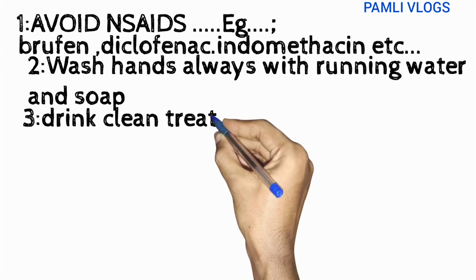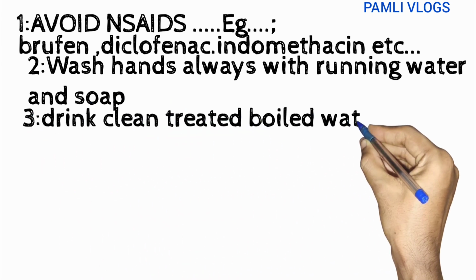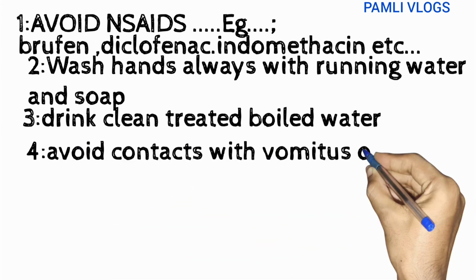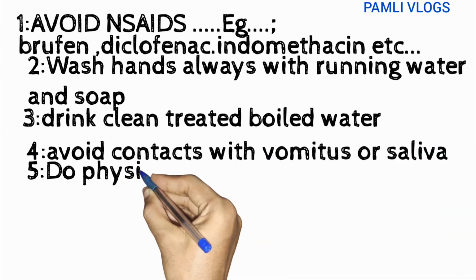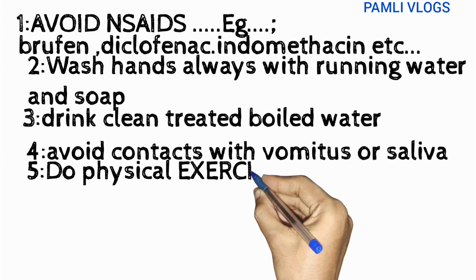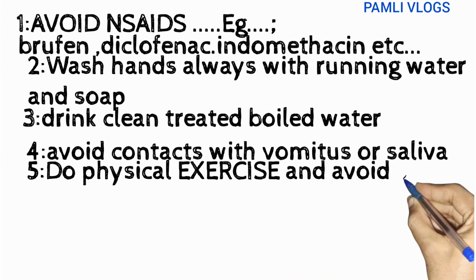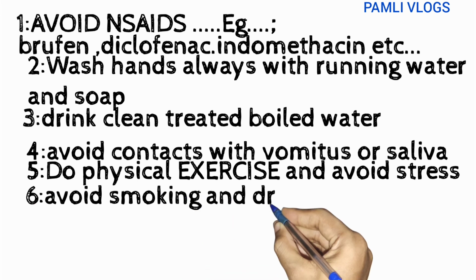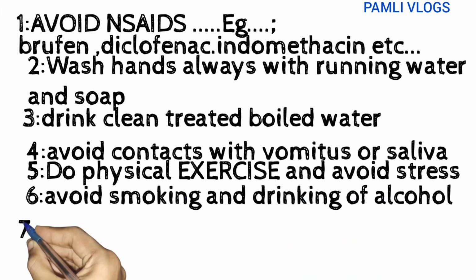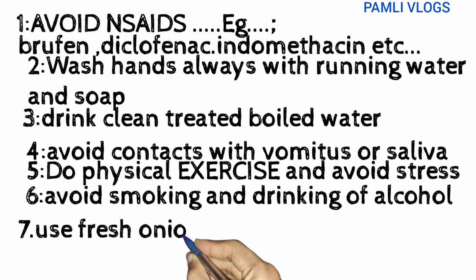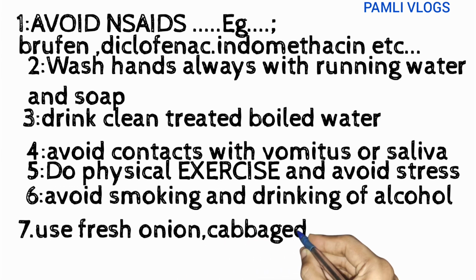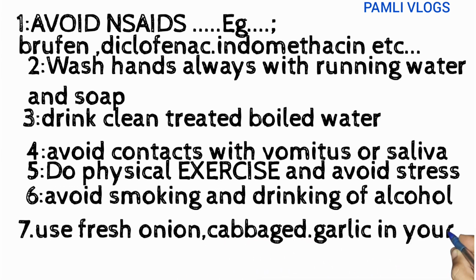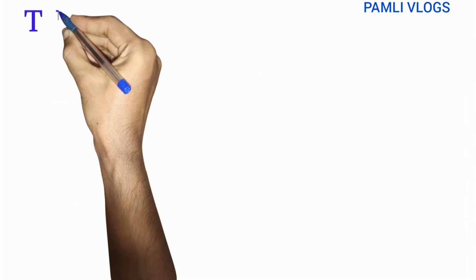Drink clean water, which has been treated or even boiled. It's very necessary. Avoid contact with vomit or saliva, and do physical exercise, which normally brings the happy hormone called endorphins, and this helps us to avoid stress. Avoid smoking or drinking alcohol. Use fresh onion, cabbage, and garlic in your food.